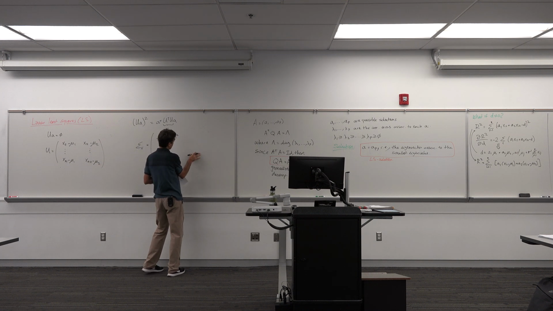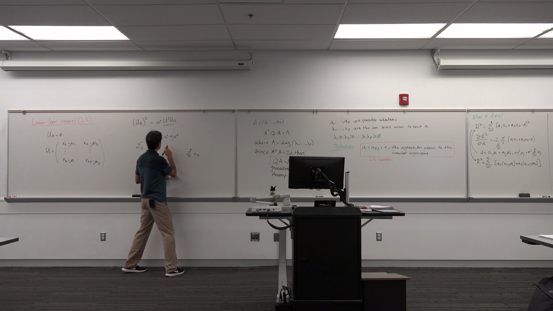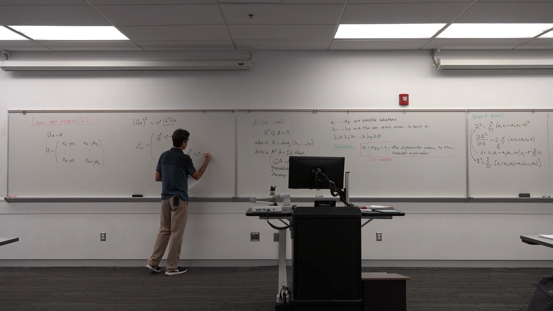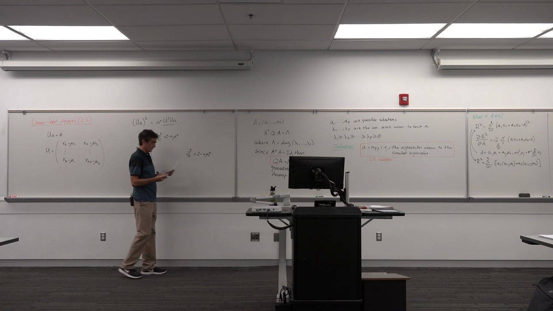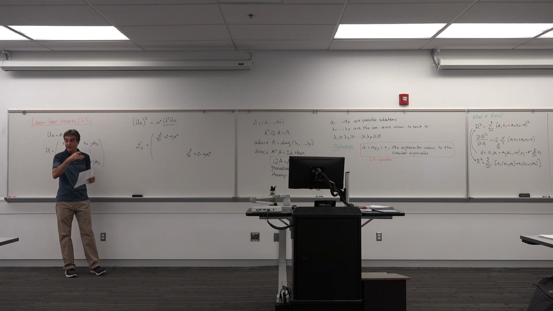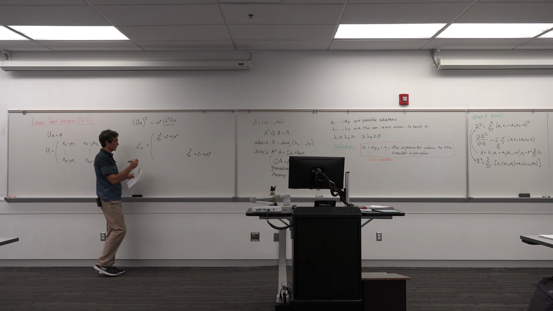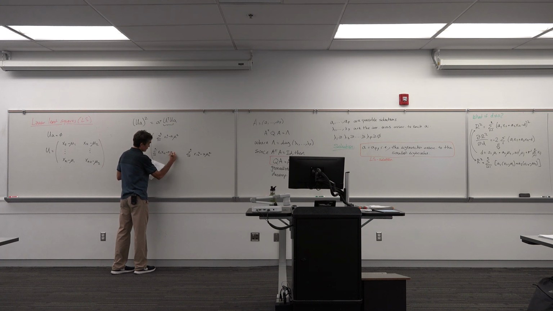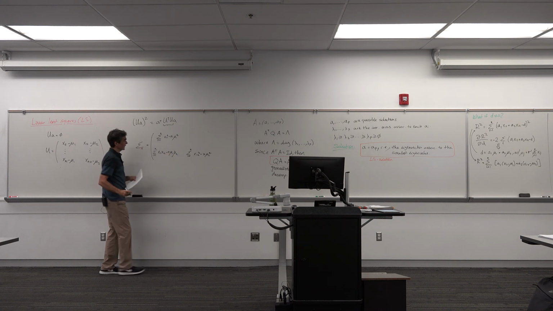The same in the other diagonal: the sum from 1 through n, but in that case instead of xi1 it's xi2 square minus n mu2 square. And then in the off diagonals, you're going to have x1 and x2, so the sum from 1 through n of xi1 xi2 minus n mu1 mu2.